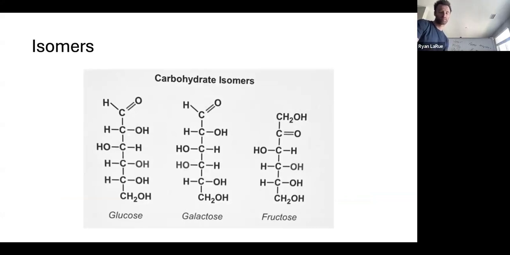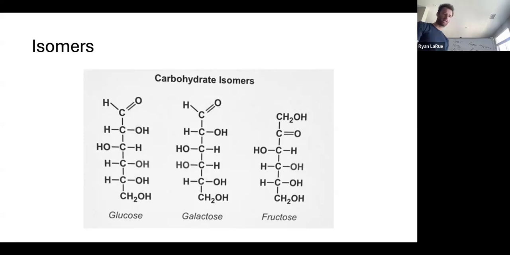So next up, isomers, just a basic definition here. We talked about glucose, galactose, fructose as these carbohydrates. But as you can see here, they have different molecular structures, but they have the same chemical formula. Each one has the same.